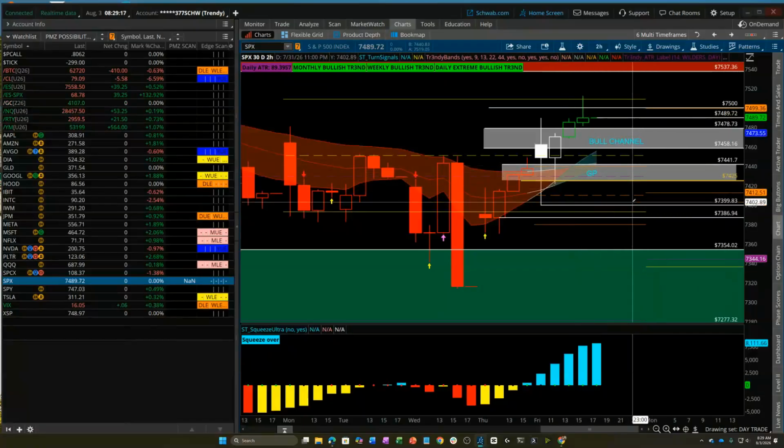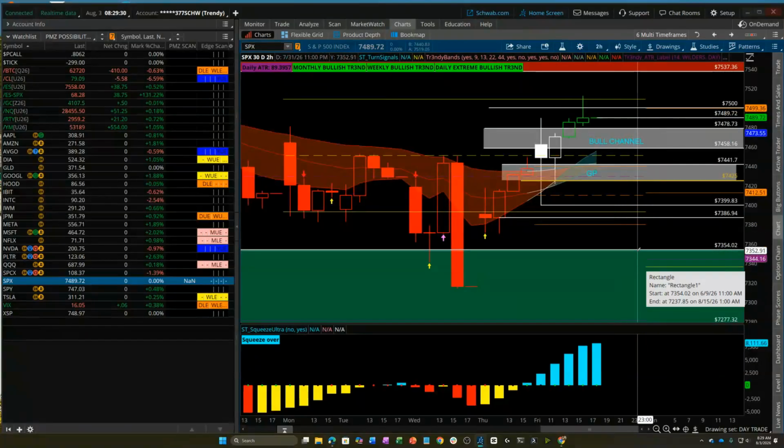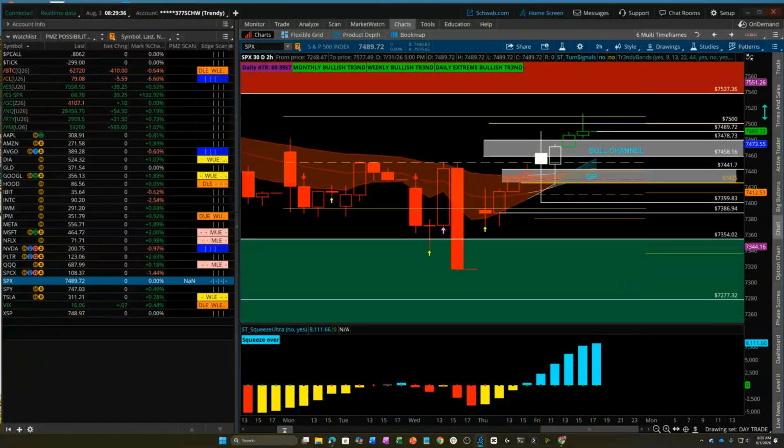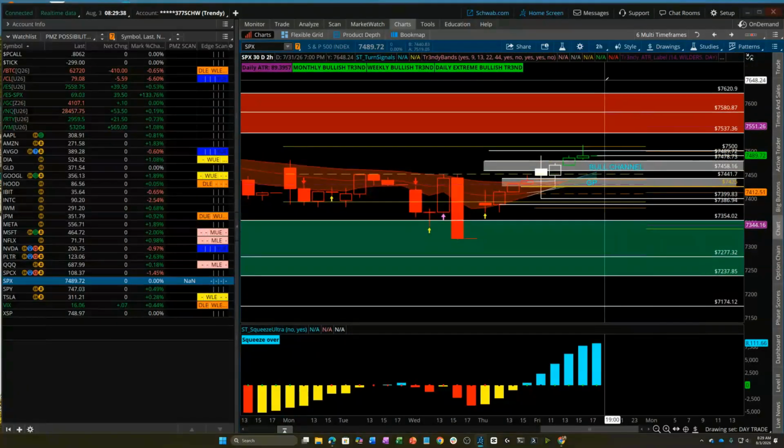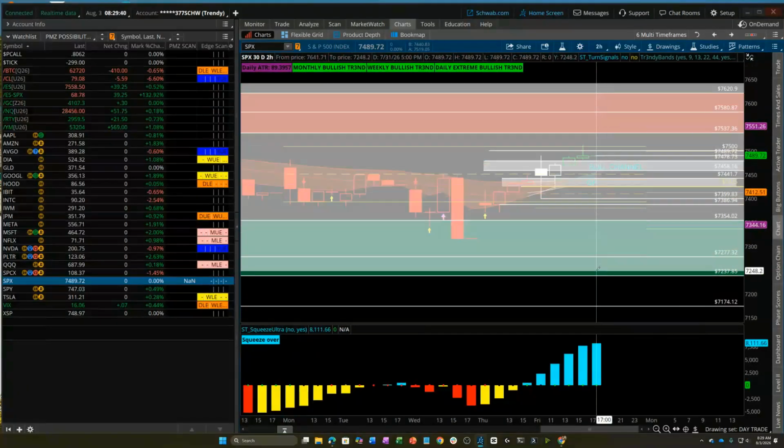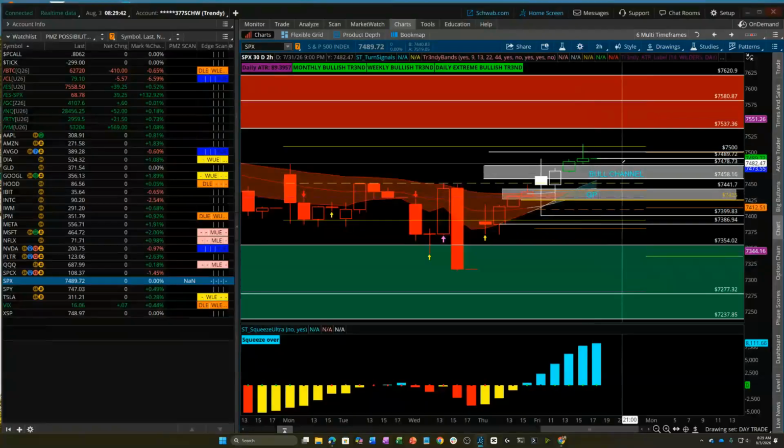All right, and this buy zone down here is higher time frame, and if we were to drop 100 and something points today, this is a buy the dip opportunity, but one that I would trade for a swing trade. All right, guys. So that's what my blueprints look like for the futures chart as well as the SPX chart.